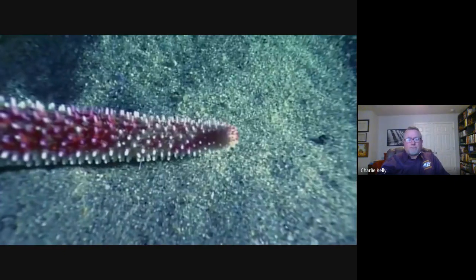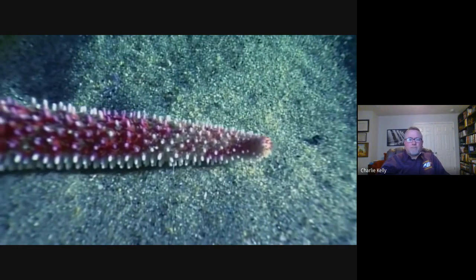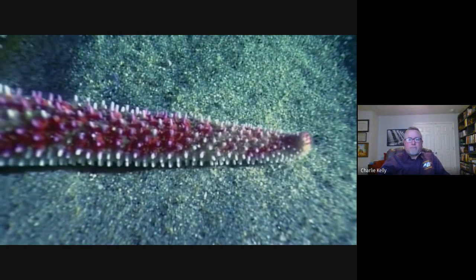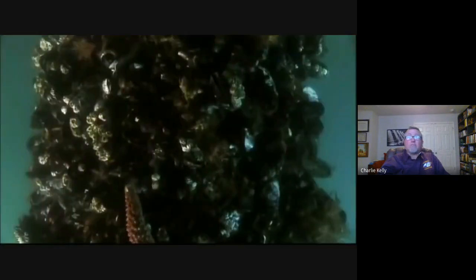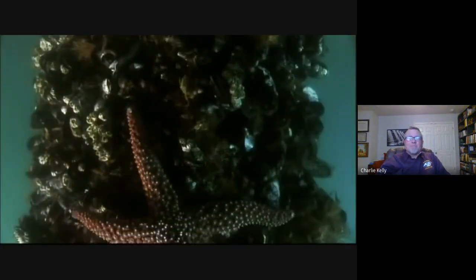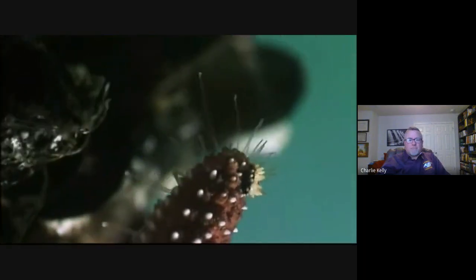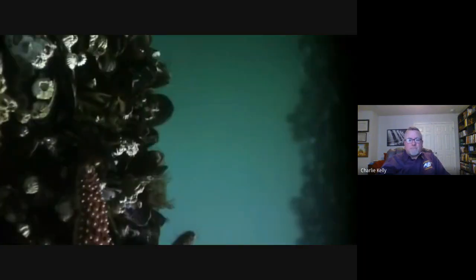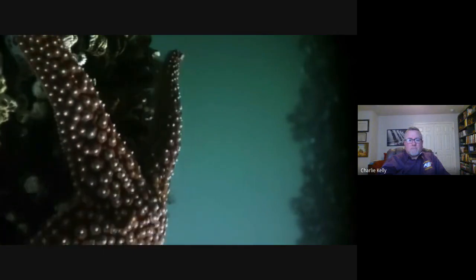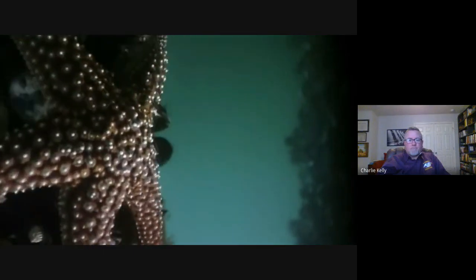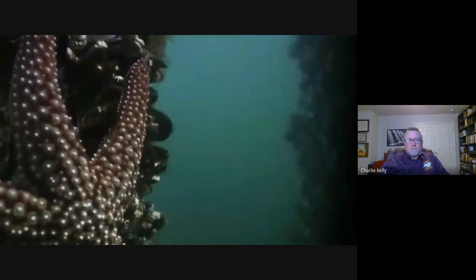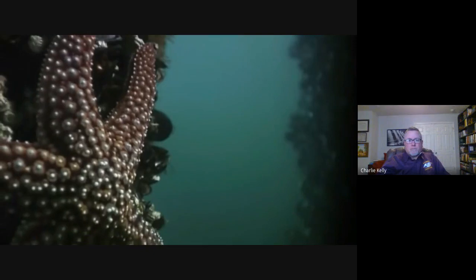Sea stars can move equally well in any direction, but they must coordinate the movement of thousands of feet. Used together, they have incredible strength. Sensory tube feet sweep over the tightly packed mass of shells, searching for any gap in the muscle's defenses. Settling on its victim, the sea star hunkers down and begins its attack.